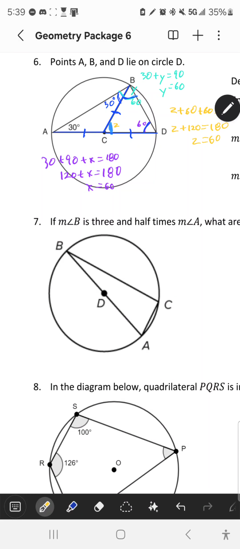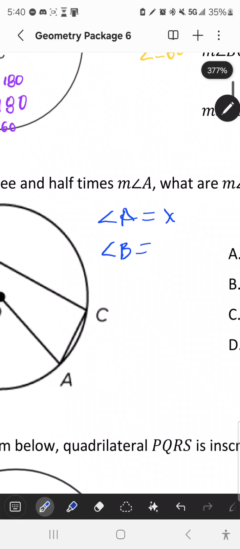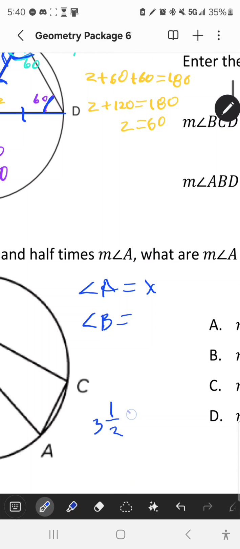Now, the measure of angle B is 3.5 times the measure of angle A, so I'm going to say that angle A equals x, and then B is going to be 3.5 times A, so it will be 3.5x.